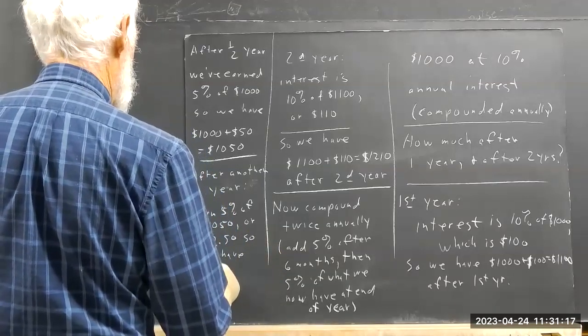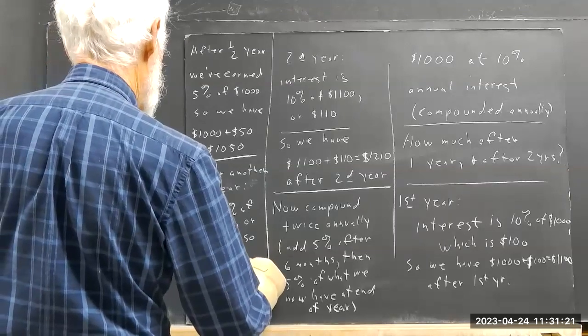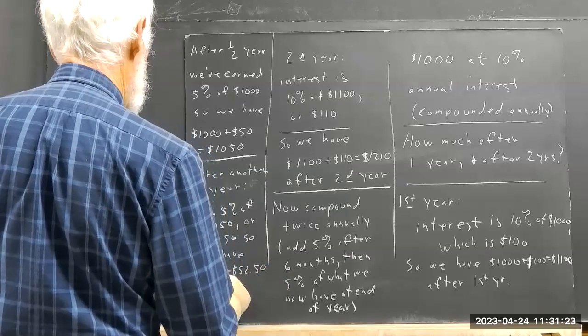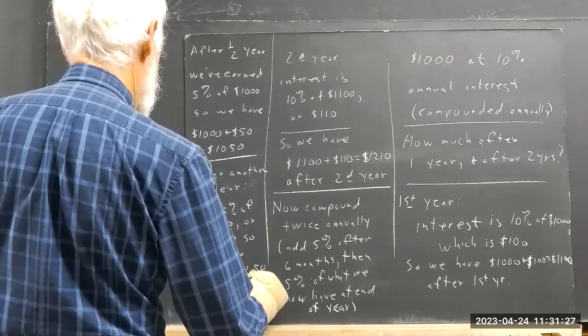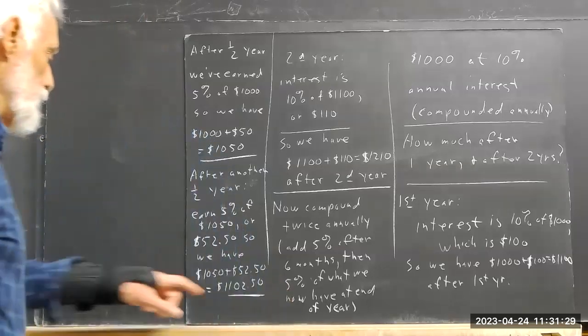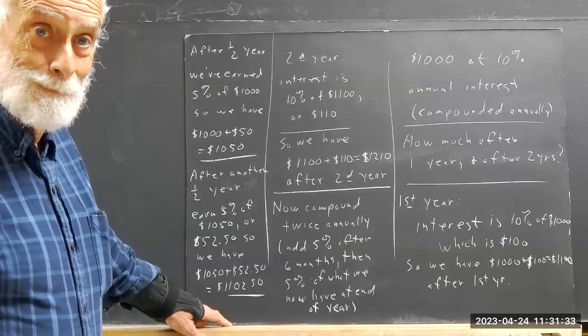So we have 1,050 plus 52.50, which is $1,102.50. We agree?